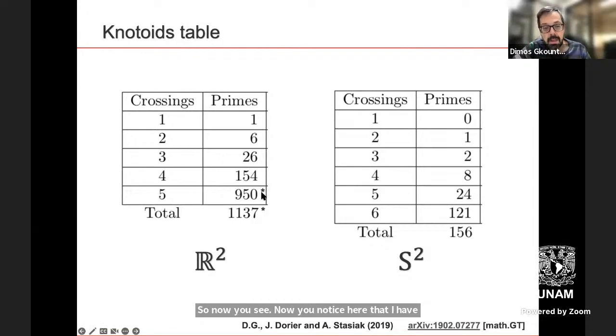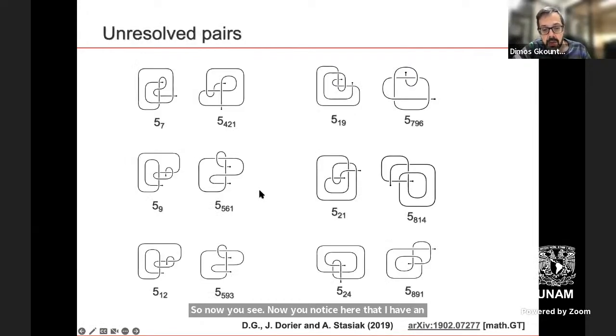The asterisk is that in our preprint that we haven't submitted yet, we have a conjecture that these 6 unresolved pairs are actually non-equivalent, because we couldn't find a way to go from one natoid to the other with Reidemeister moves and isotopy.